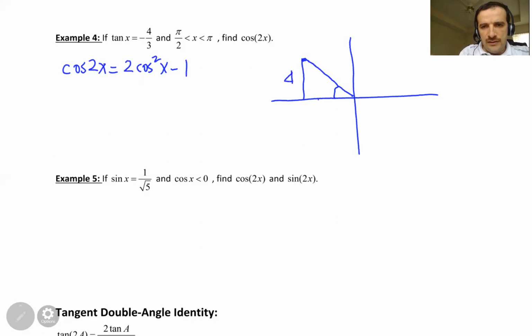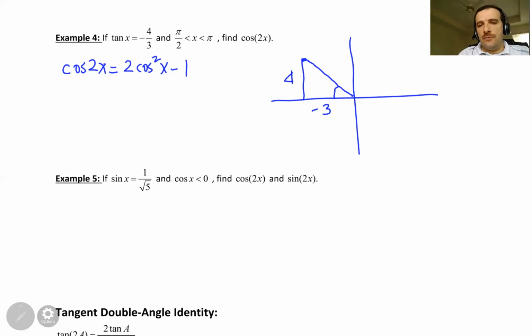Let's say this is 4, this is 3, but one of them should be negative because I want to make tangent negative. To decide which one is negative, you just need to look at which axis these parts are on. This is the negative x-axis, so this should be negative 3.